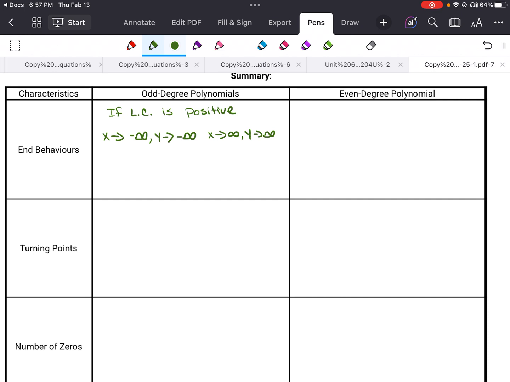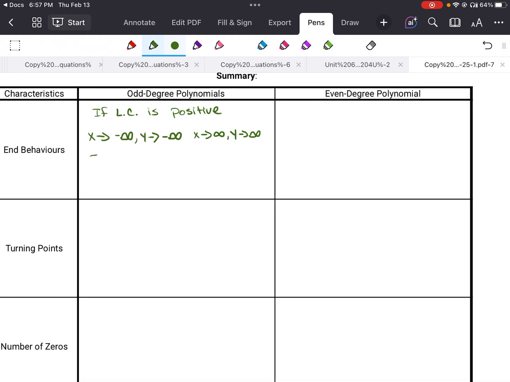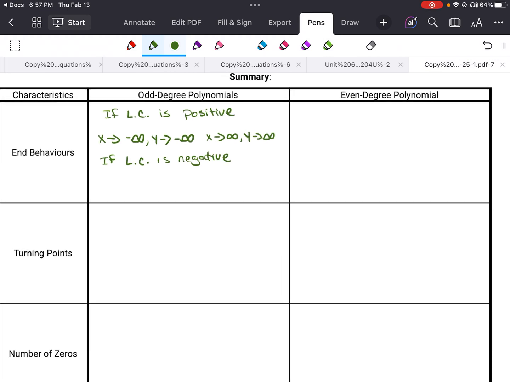Okay, and that's just right from the chart that we did before. Okay, well, what if the leading coefficient is negative? If the leading coefficient is negative on odd degree polynomials, as x approaches negative infinity, y will approach positive infinity, and as x approaches positive infinity, y will approach negative infinity.